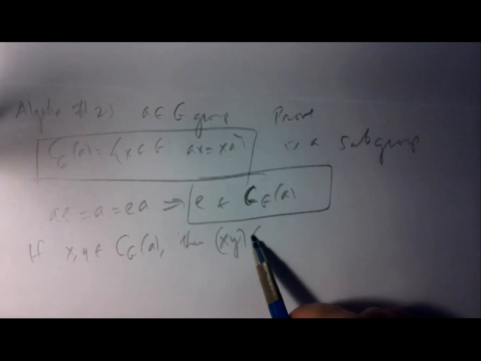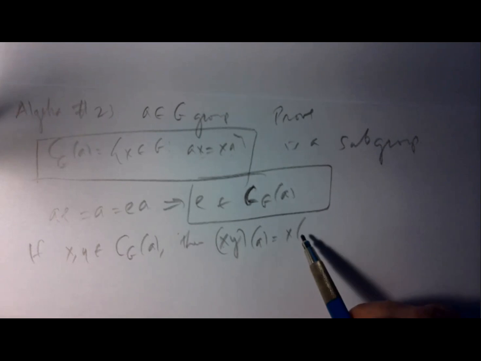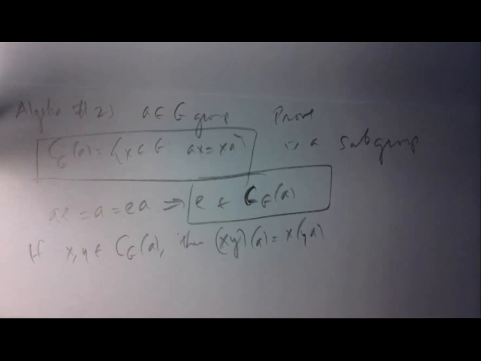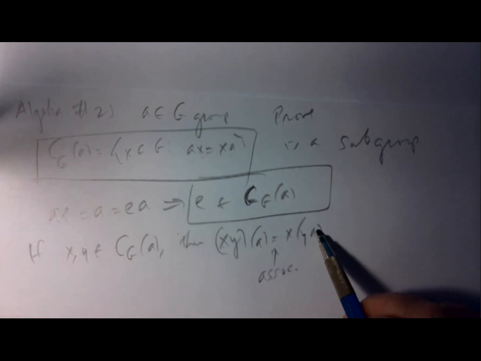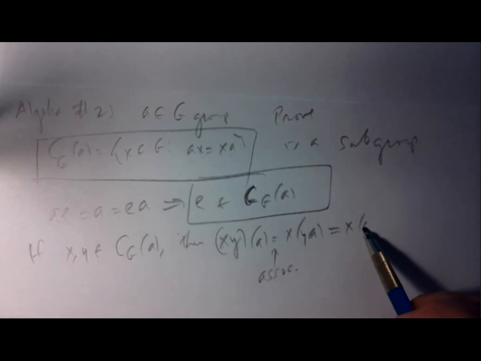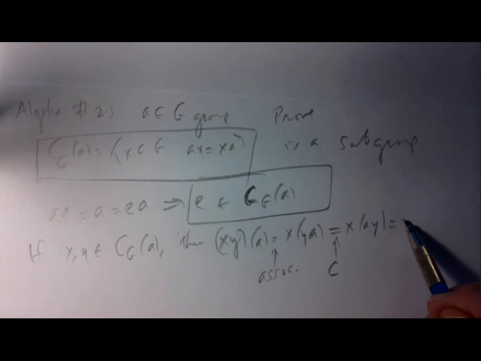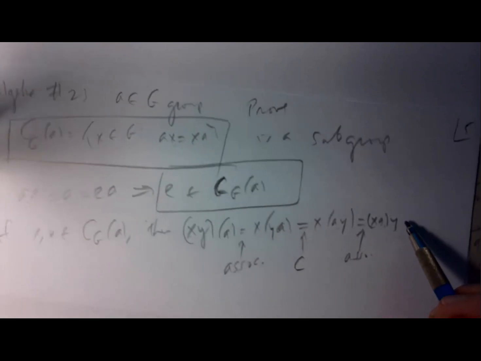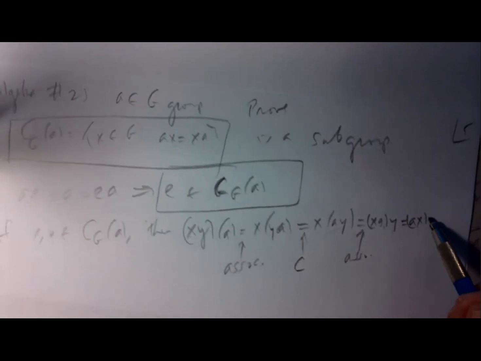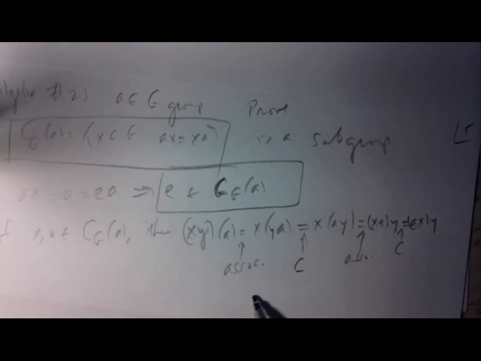So XY times A is X times YA by associativity. That's X times AY because Y is in the centralizer. That's XA times Y, again by associativity. XA times Y is AX times Y because X is in the centralizer.